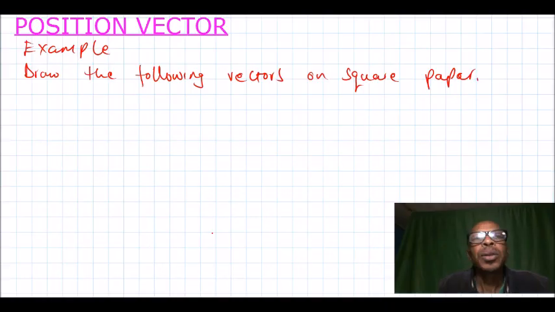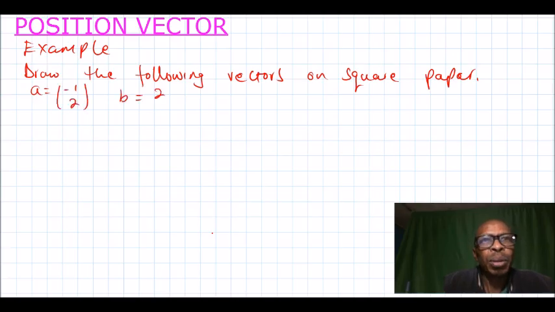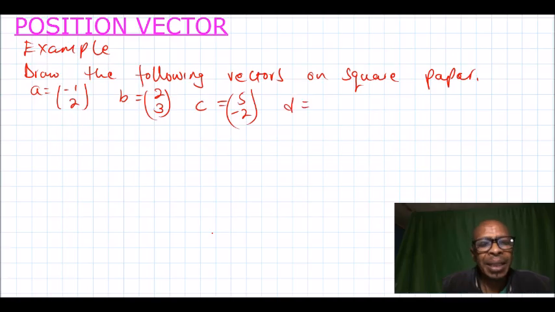A is equal to (-1, 2). B is equal to (2, 3). C is equal to (5, -2). And we have D is equal to (-3, -4). So I already have my paper here.